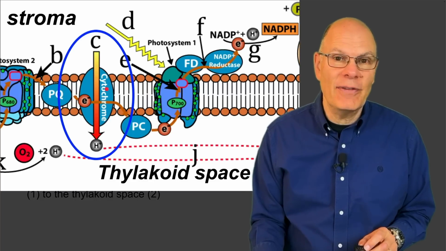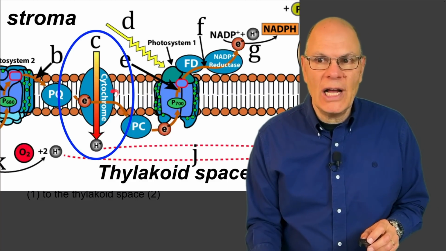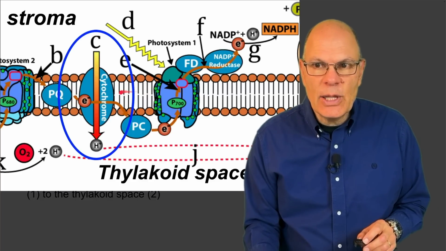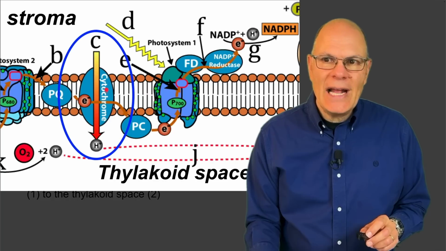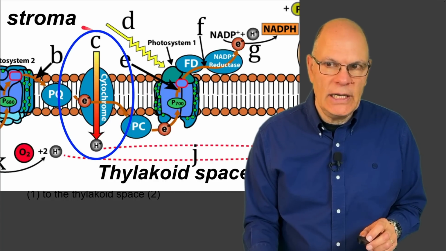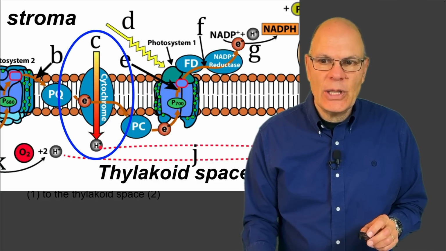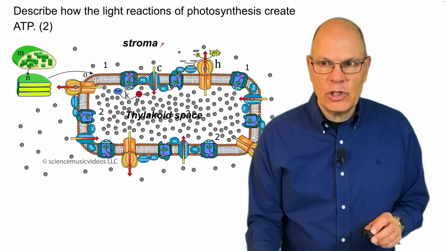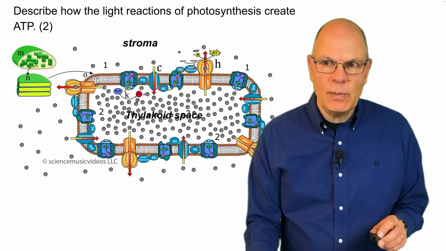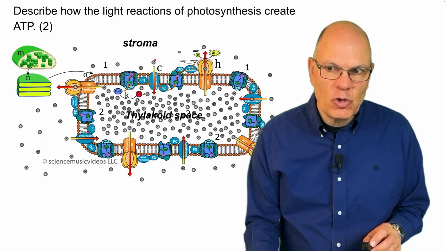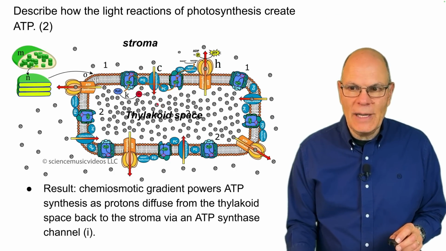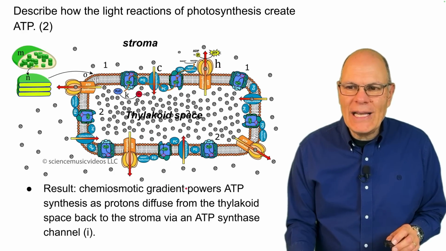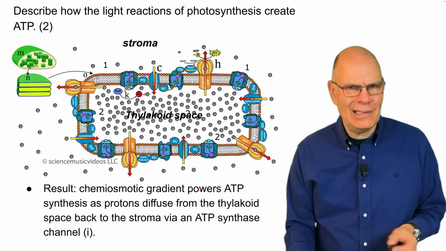In this case, the device is a proton pump that's embedded in the thylakoid membrane, and that pumps protons from the stroma into the thylakoid space. So here's the stroma, here's the thylakoid space. We're pumping from the stroma into the thylakoid space, and that creates a chemiosmotic gradient.